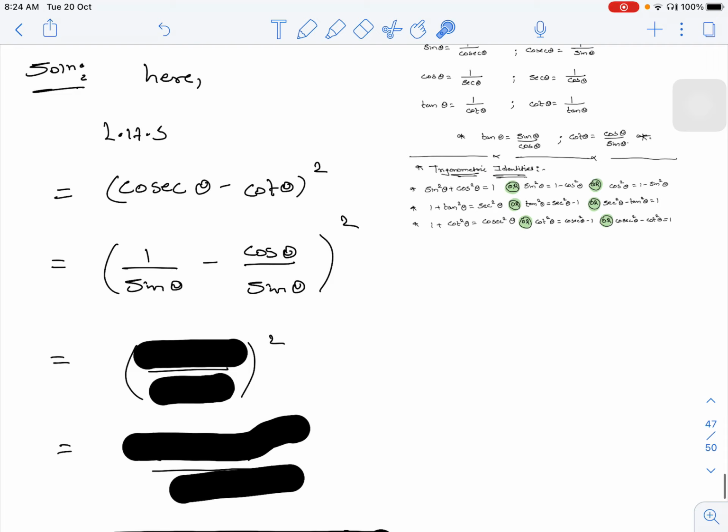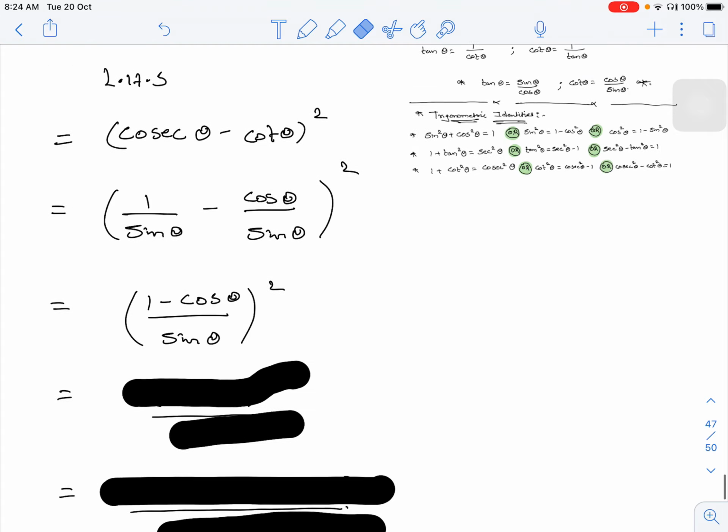Now it can be seen that both these terms have the same denominator. When the terms have the same denominator, we can write the numerator only once. So this becomes (1 minus cos theta) upon sin theta, whole square.